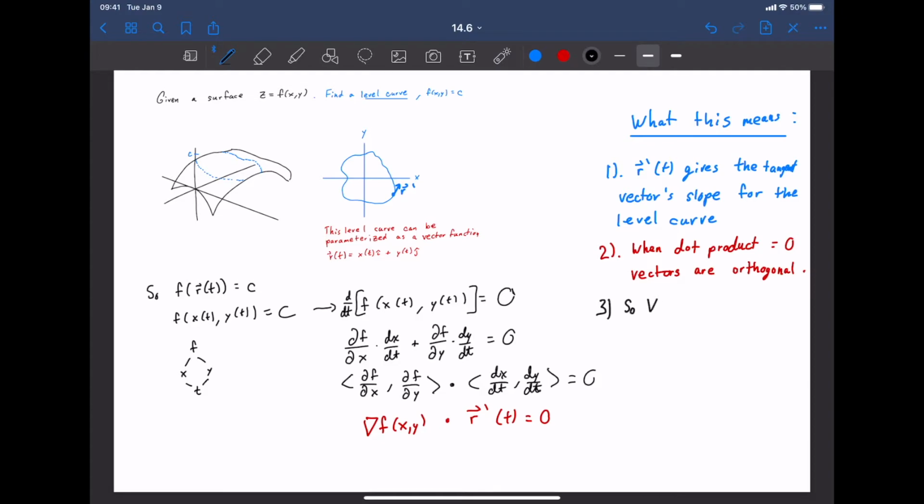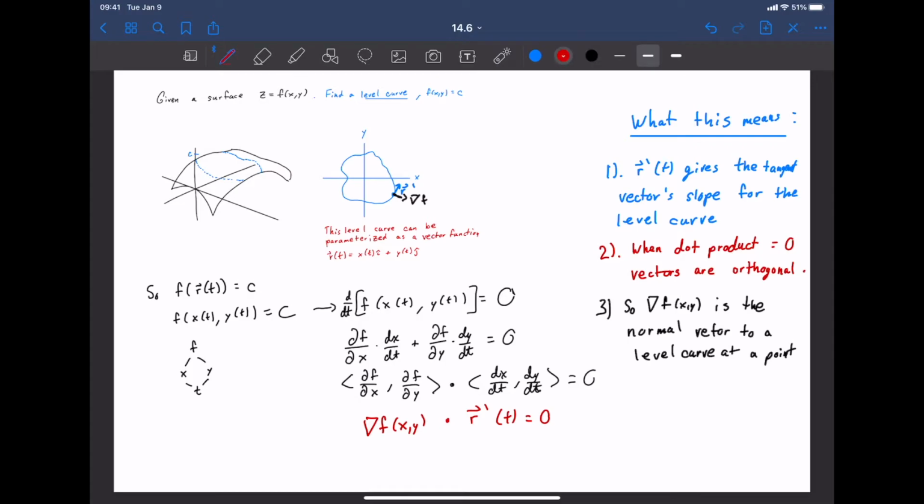So the gradient vector of f is the normal vector to a level curve. It's still to a level curve at a point. So that would be the gradient. Notice the gradient is still a vector.